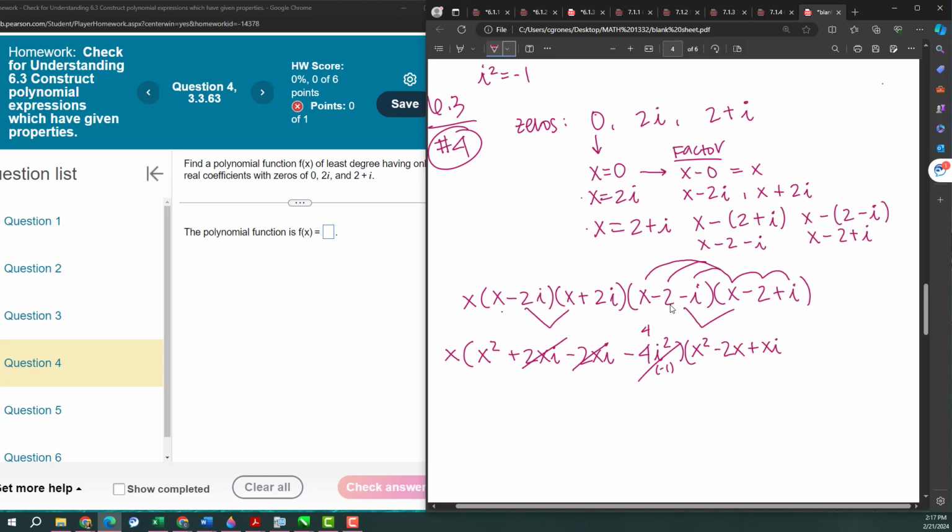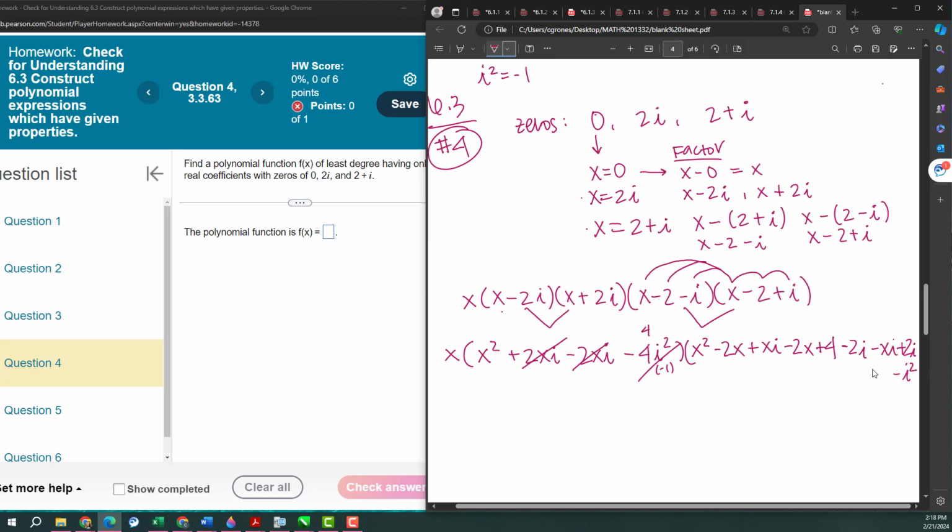Now let's do our negative 2. Negative 2 times x is negative 2x. Negative 2 times negative 2 is positive 4. And then negative 2 times i is negative 2i. And then our last term, negative i times x, negative xi. Negative i times negative 2 is going to be a positive 2i. And then the last term, negative i times i, is going to be a negative i squared.